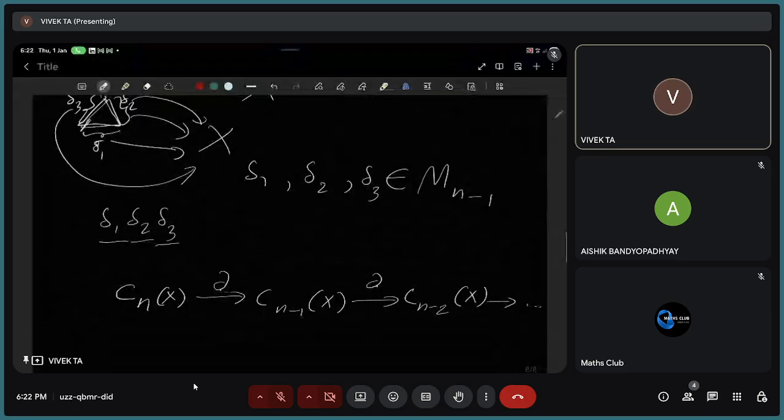So some books write a subscript as well. Here they put n, here they put n minus 1. But when you are familiar with the context, people generally avoid writing the subscript. So this is how it works.